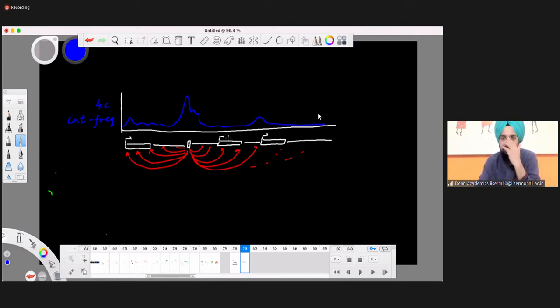Now, this interaction frequency is a function of genomic distance from the bait region. I call this the bait, right? This is my bait, or reference point, you can call it.